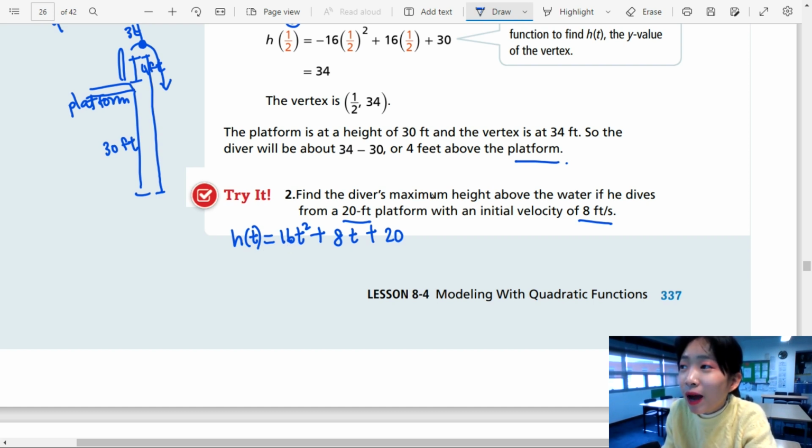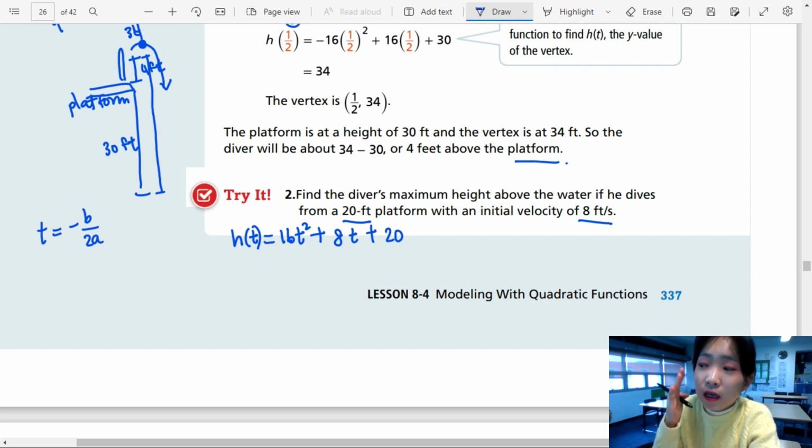You're going to find the diver's maximum height above the water if he dives from that. So figure out the vertex of this equation. First, we want to figure out the t value. The t value can be figured out by using the formula t equals negative b over 2a, because that's where your axis of symmetry is going to be and where your vertex is going to lie, right?